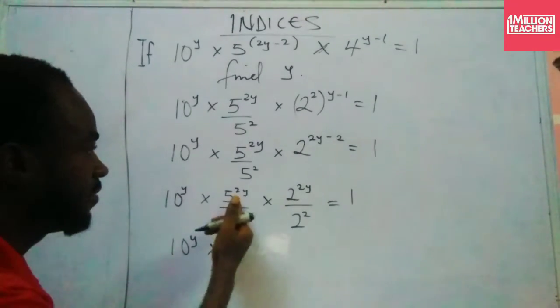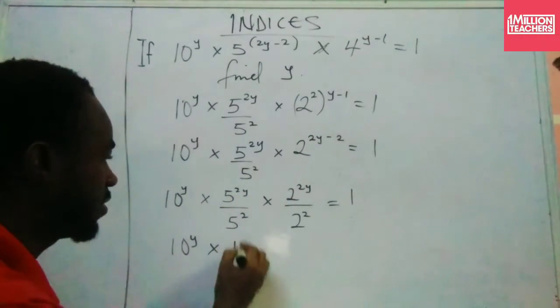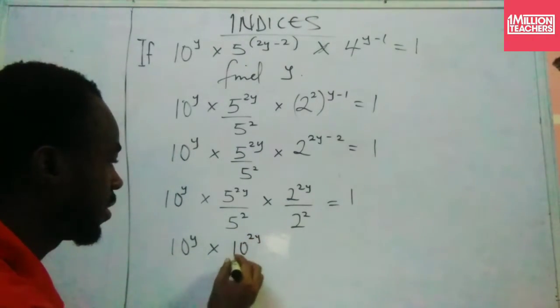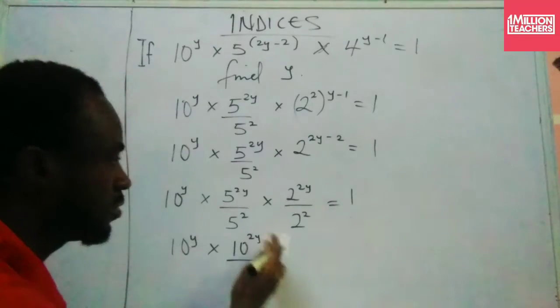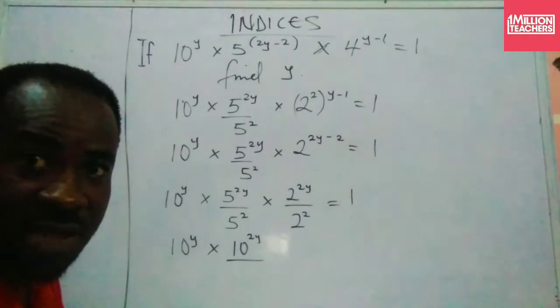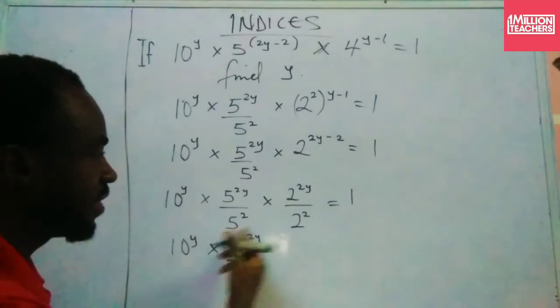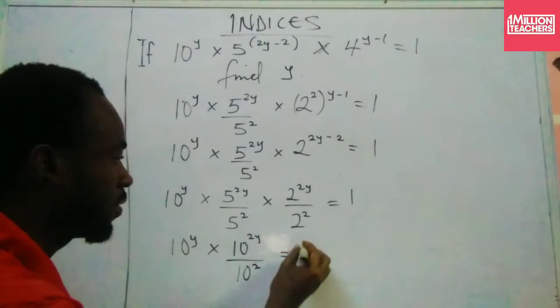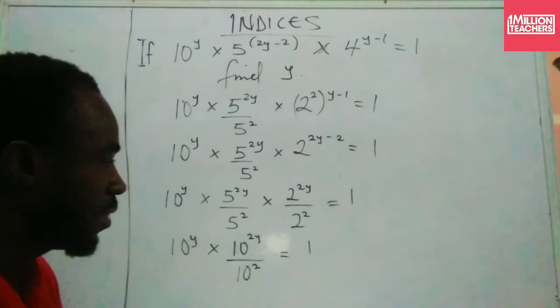So which means I can do 5 times 2, that will give me 10 raised to the power of 2y. The same thing, the power here and this one here are the same, so I can multiply their bases. It means that 5 times 2 is 10 raised to the power of 2 equals to 1.